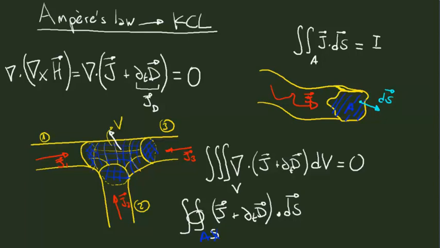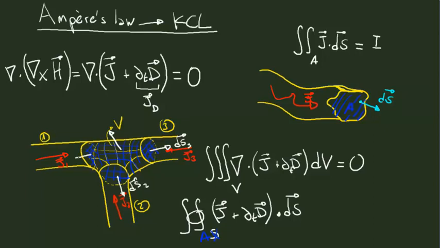So for instance, in this whole phase, the dS will point upwards like this. In the phase where conductor number 3, for instance, meets the node, my dS will point in this manner. In conductor number 2, it will point in this manner.